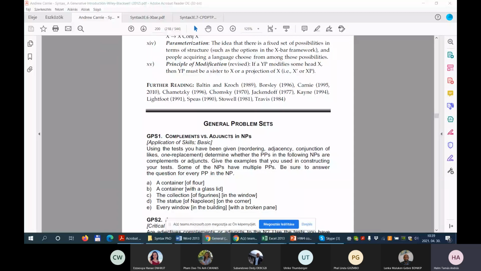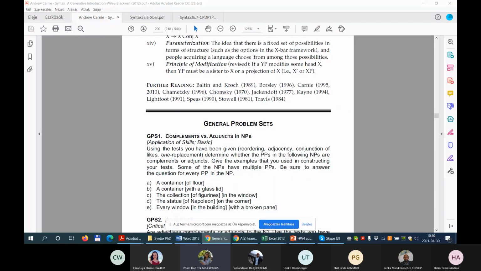Can someone mention another test with regard to C, which is helpful? Dao? Yes, I would like to use a test of conjunction of likes. So we conjoin the prepositional phrase of figurines and the prepositional phrase in the window. For example, you have the collection of figurines and in the window.